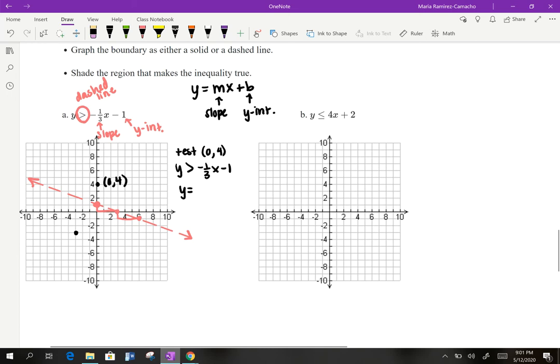Plug in 4 for y and 0 for x. Again, I'm testing (0, 4), so I'm plugging in 0 for x, 4 for y. Is 4 greater than negative 1? Yes, it is. That is great news. That means that we're going to shade above the line.